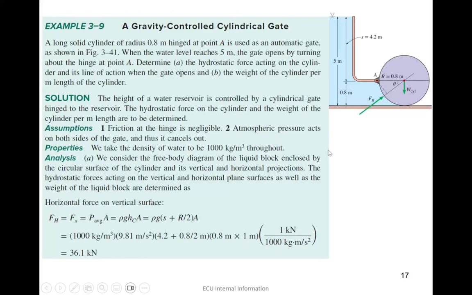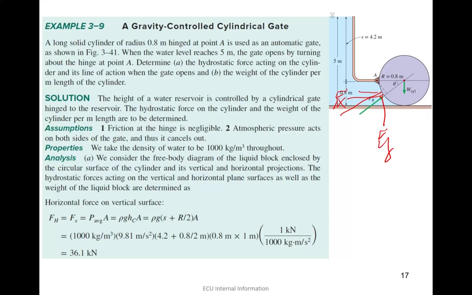This is an example which I want you to try, based on what I explained for curved surfaces. This is a cylinder which we put in there. Then we need to work out what the hydrostatic force Fr is, and in this case Fr would be Fx and Fy. So based on what we explained, try to do it yourself.